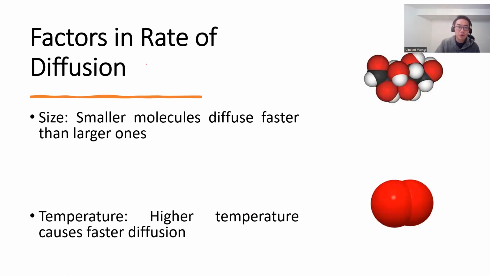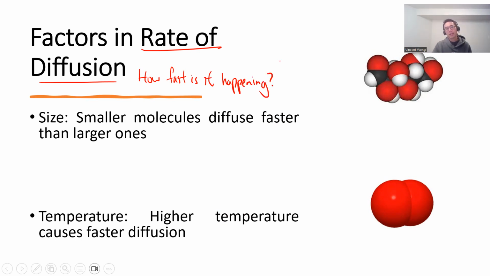Now there are different factors that affect the rate of diffusion. The rate of diffusion is talking about how fast it is happening. If it spreads really quickly, that's a high rate of diffusion. If it spreads slowly, then there's a low rate of diffusion. Okay.